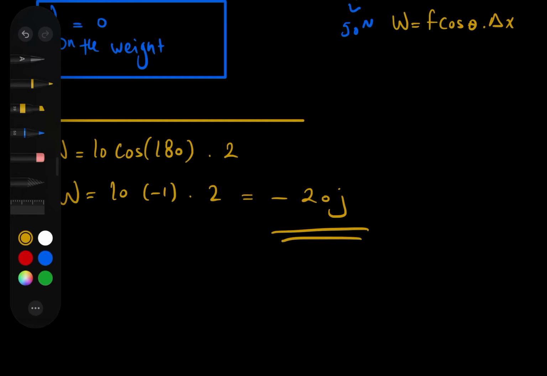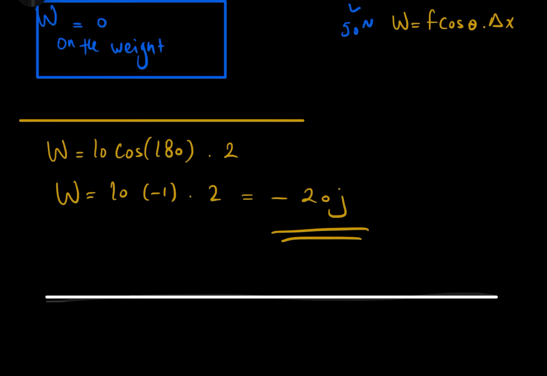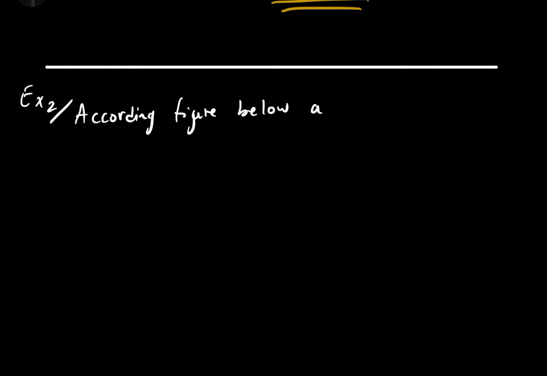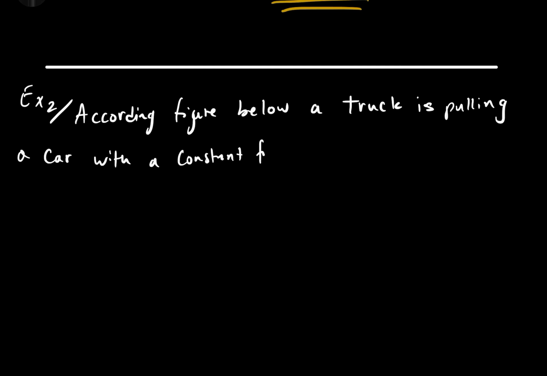All right, let's go ahead and take a look at another problem now. Example number 2. According to the figure below, a truck is pulling, or just towing, a car with a constant force of 2,000 newtons.